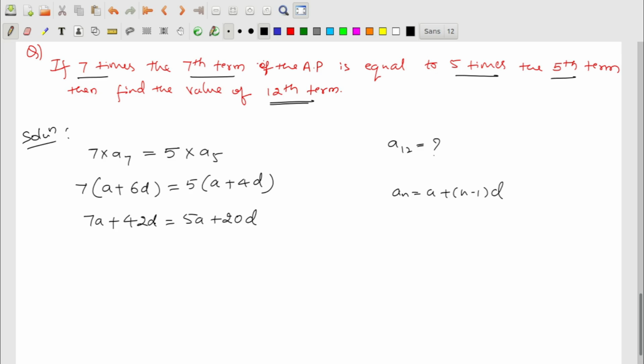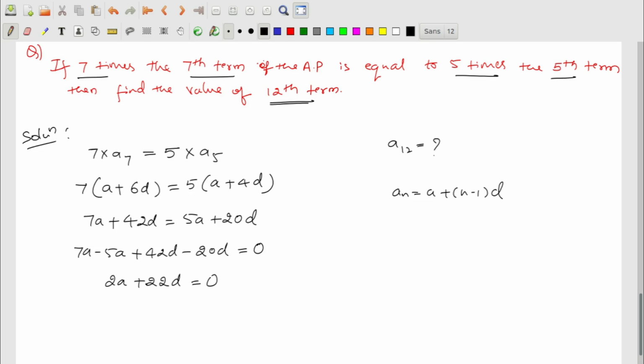Okay, so now take these terms to one side. You will get 7a minus 5a plus 42d minus 20d is equal to 0. 7 minus 5, that is 2a, and 42 minus 20, that is 22d, is equal to 0.